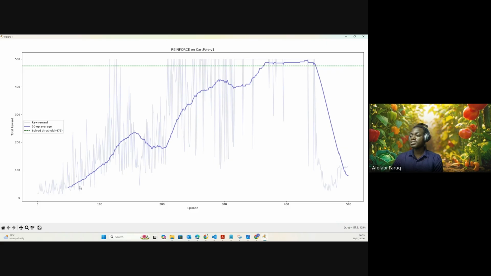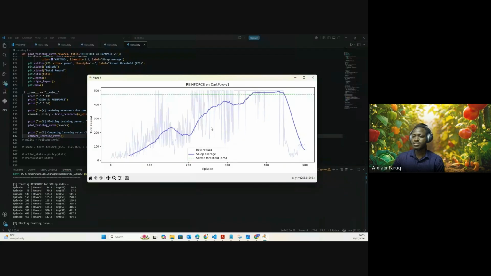We're able to see across the episodes what the average reward looks like. At some point we saw that it peaked and then it went down, right? So that is that.